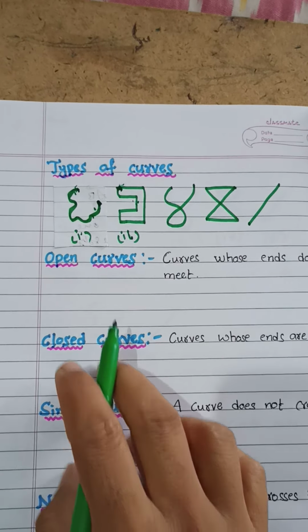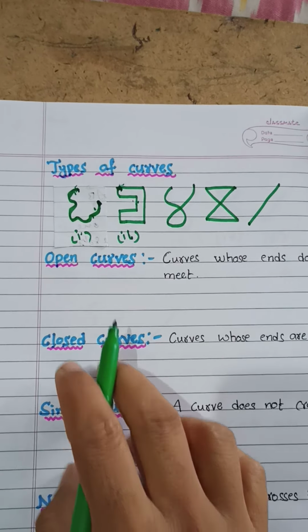See, all of these shapes are curves only. I have drawn these curves without lifting my sketch: first, second, third, fourth one, and fifth one. All are curves.